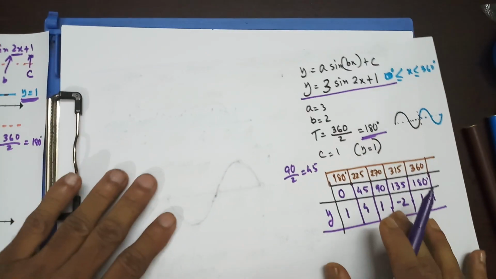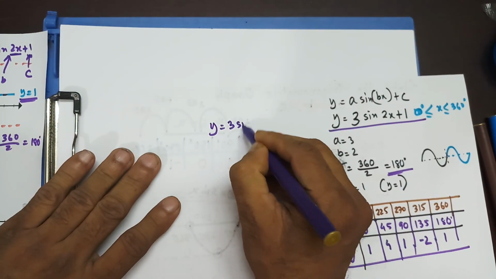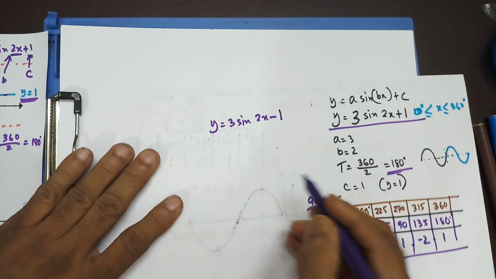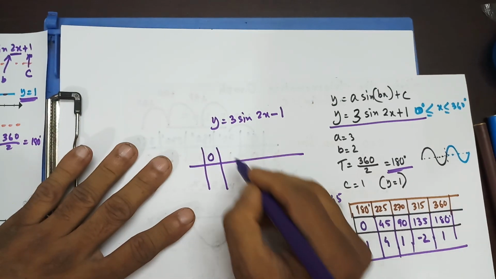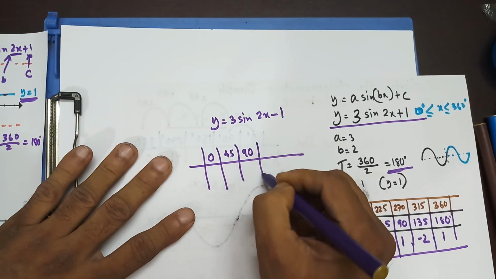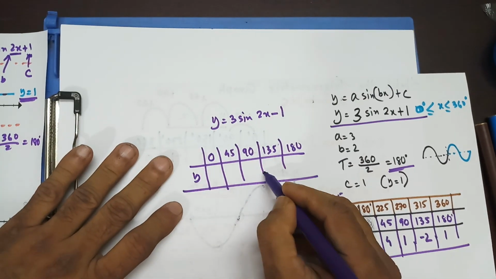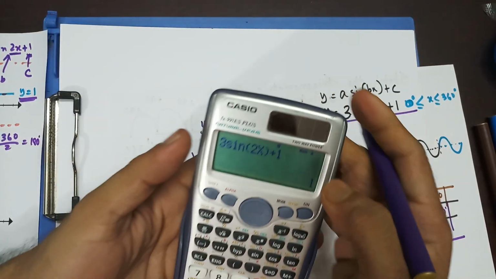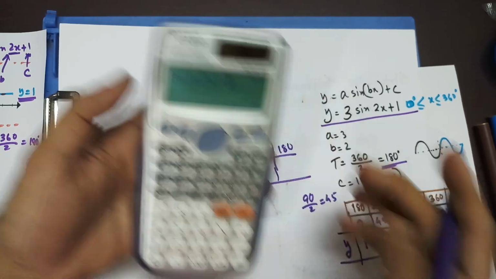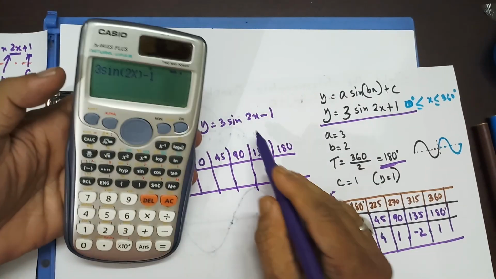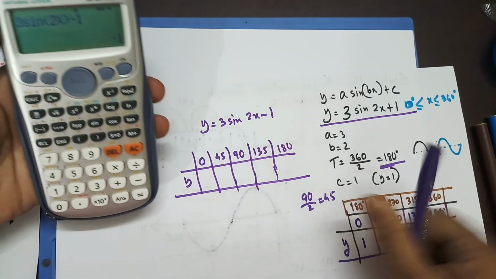I hope you understand that. If you don't, I'm going to show it in this video. y equals 3 sine 2x minus 1. Again I'm going to put these important points, 0, 45, 90, 135 and 180, and this is y. I'm going to change this one to -1, so 3 sine 2x minus 1, and calculate. At 0, it's going to be -1.